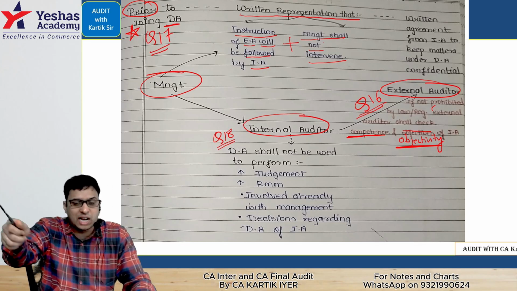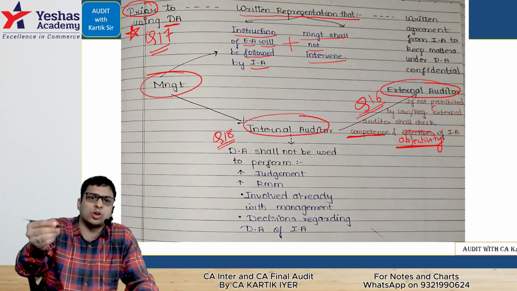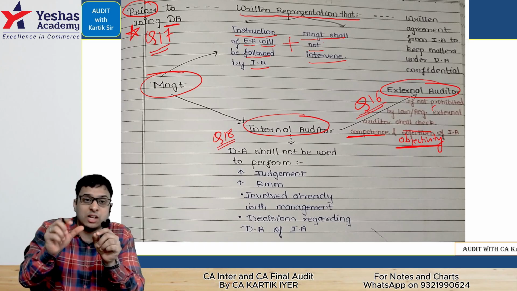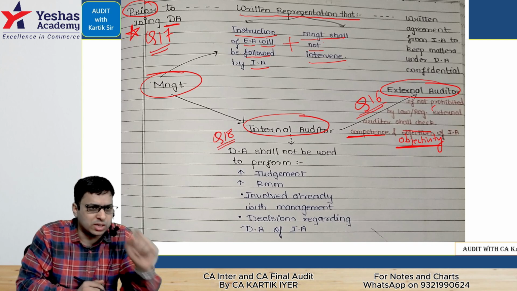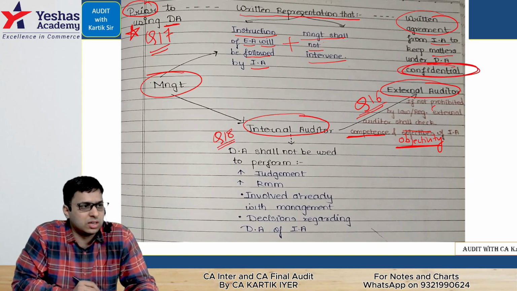I'll go to the internal auditor and tell him, see, when you are working for me, we'll be coming across a lot of secrets about the client or a lot of things that we are planning to do the audit work properly. Don't reveal this information. So you understand here that is called written agreement from the internal auditor to keep the matters under direct assistance confidential. Confidential. Are you there with me?